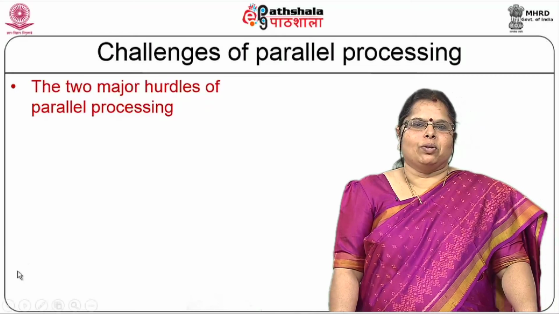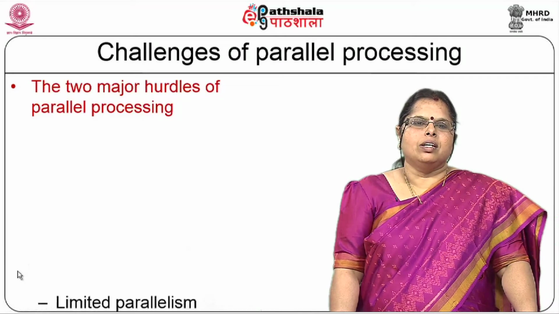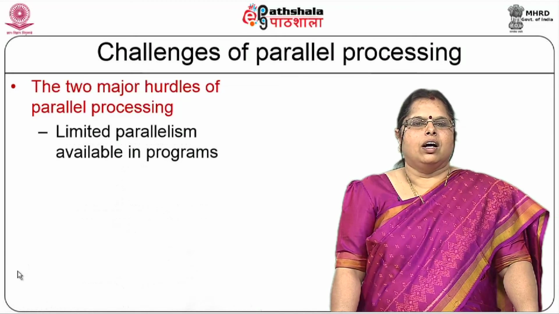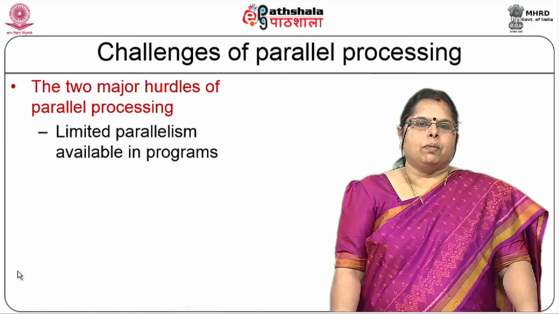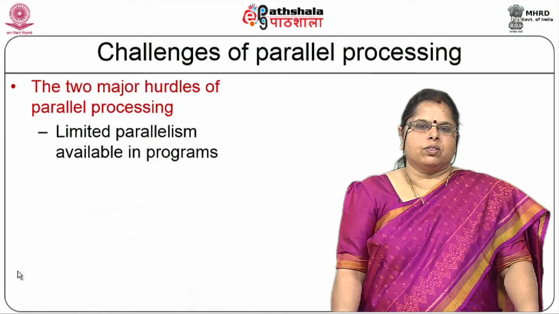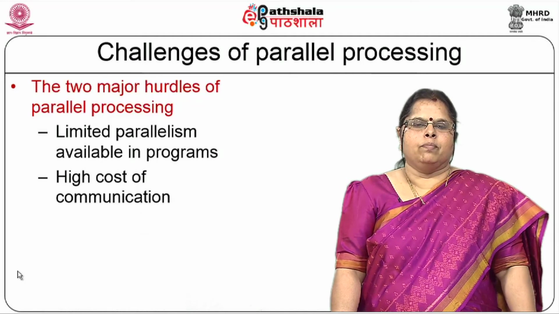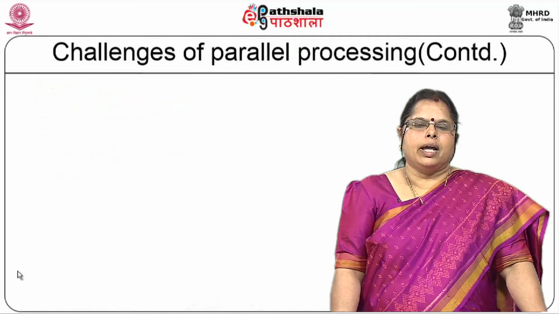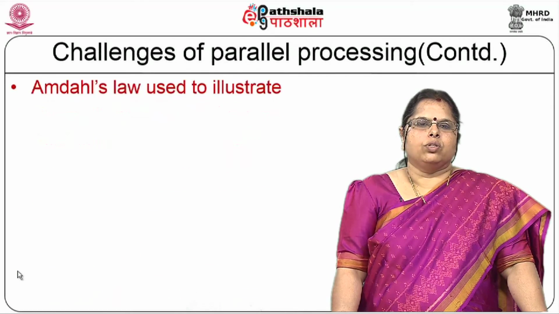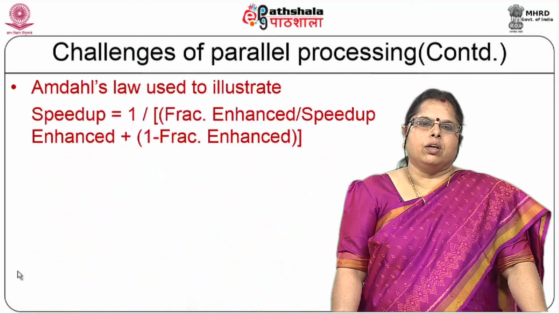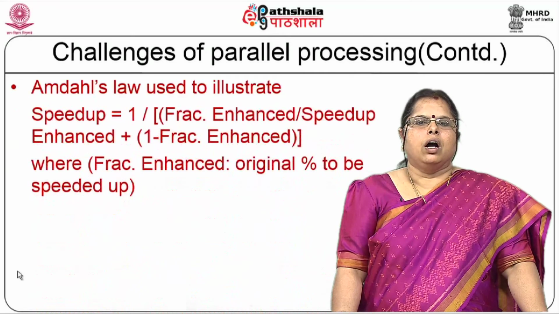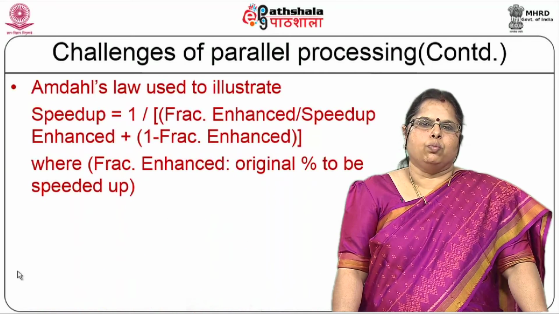Challenges of parallel processing. So, the two major hurdles of parallel processing are you obviously have limited parallelism available in programs. So, all your programs are not going to be completely parallel, and you also have a high cost of communication. So, the second problem, if you have these two problems, how do you illustrate the effect of these two problems?